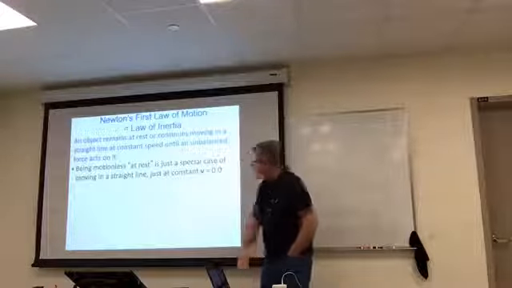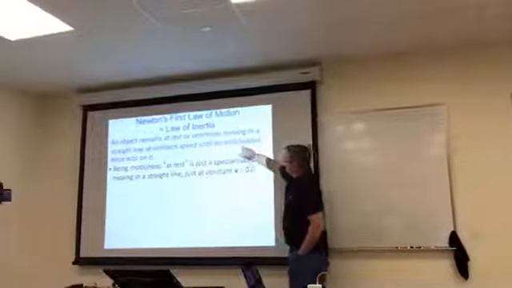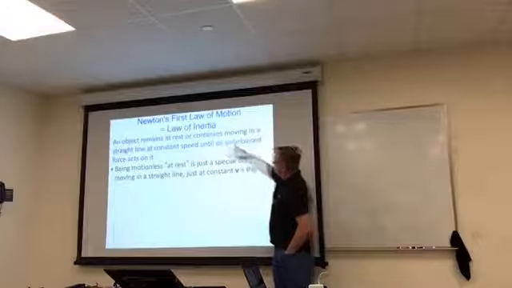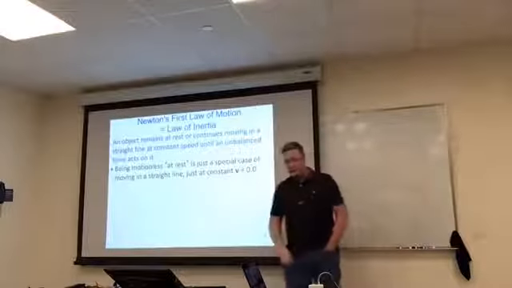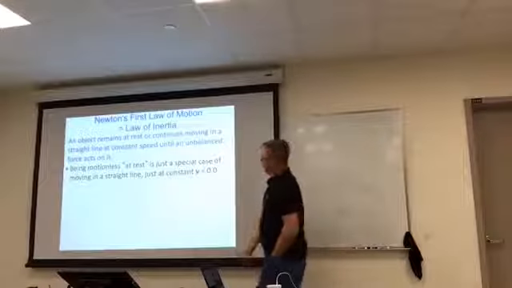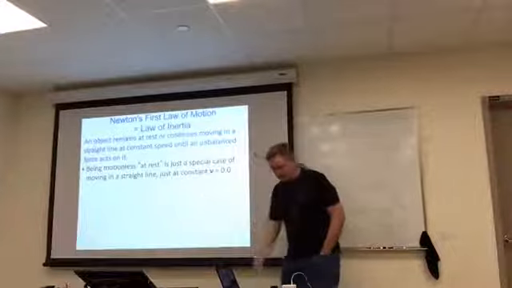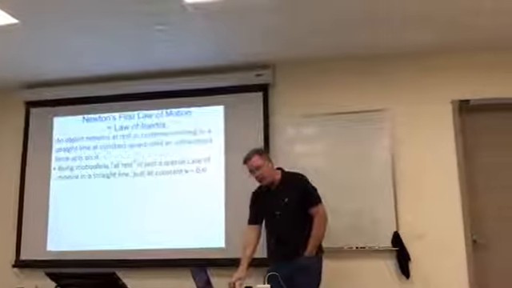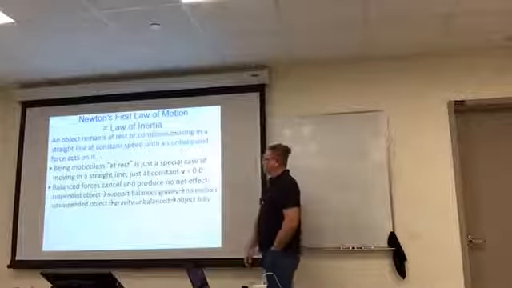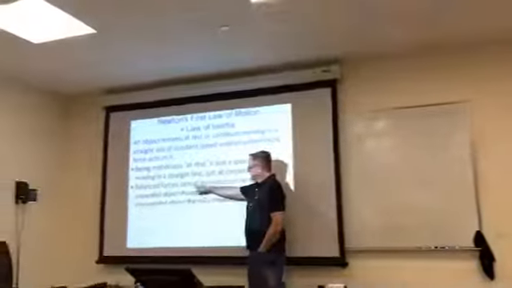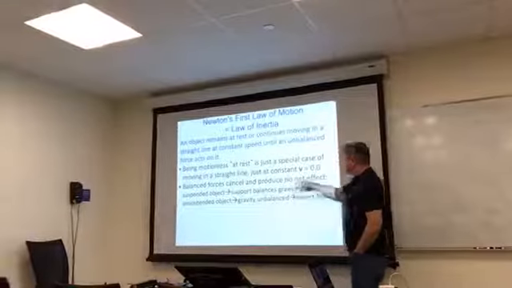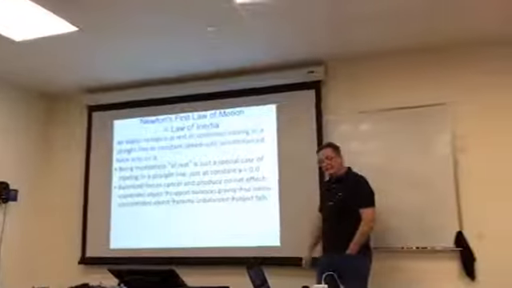And then the other words to draw our attention to in his first law are unbalanced forces. What's an unbalanced force? Well, if you have an unbalanced force, there must be a balanced force scenario. And so balanced forces are forces that cancel each other out and produce no net effect.